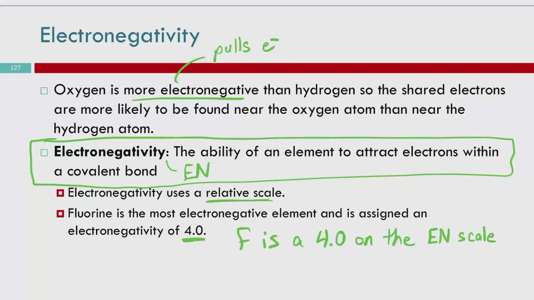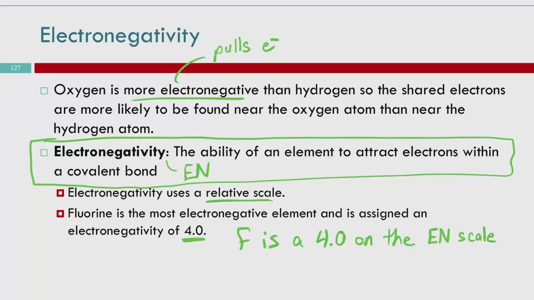Your yellow sheet has all the electronegativity values on it. If you look at fluorine, you'll find in that box a 4.0. That 4.0 is where the electronegativity is going to be found for all of the other squares. So for example, on oxygen, you'll see a 3.5. I think chlorine's a 3.1, carbon's a 2.1, somewhere thereabouts.